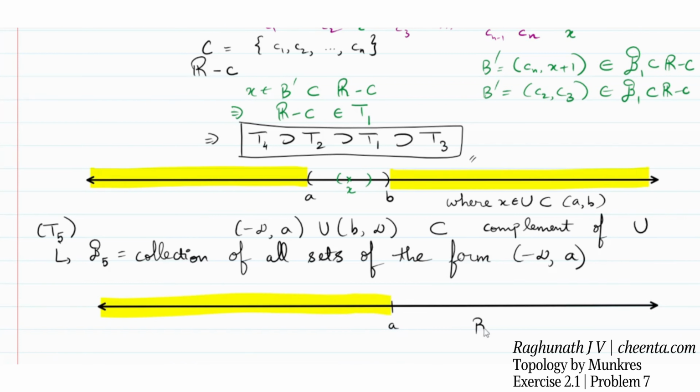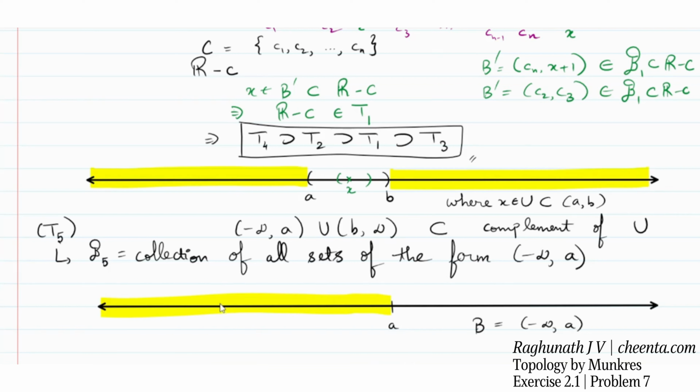Now take b to be any basis element. I will prove that T1 is finer than T5.